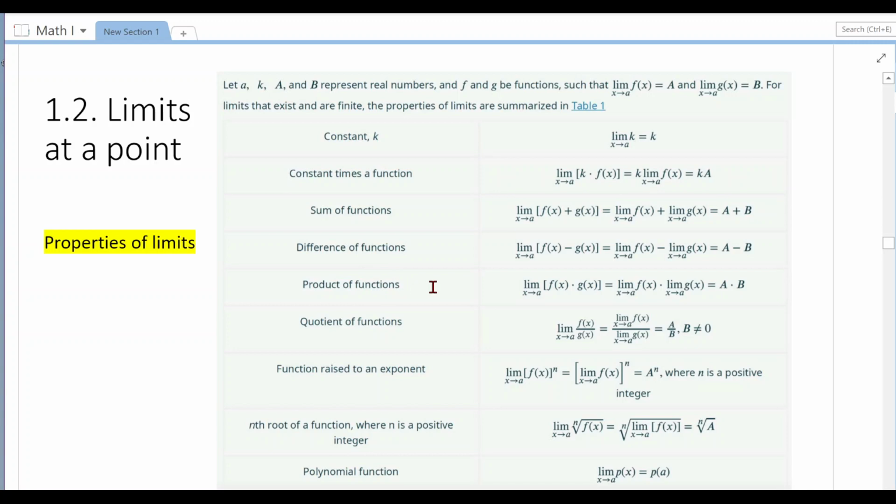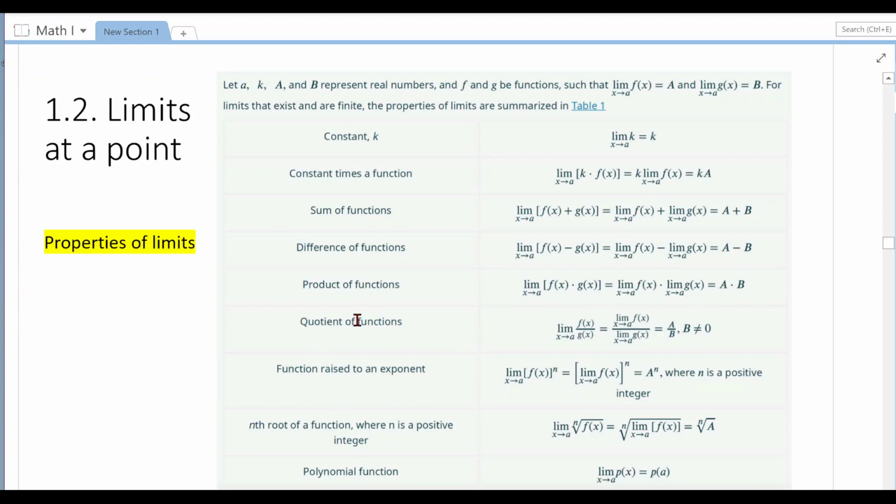For products of functions, we simply take the multiplication of the limits: the limit of f of x multiplied by the limit of g of x. So limit of f of x times limit of g of x, or a times b. A and b here represent the values of the limits for f and g respectively.